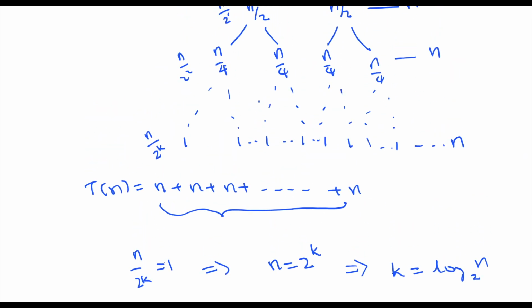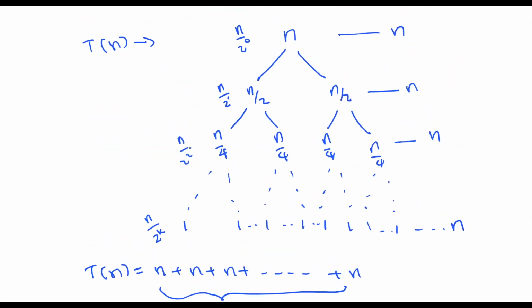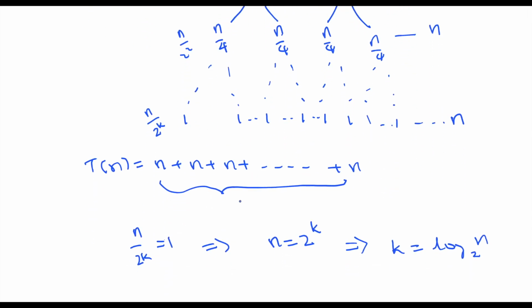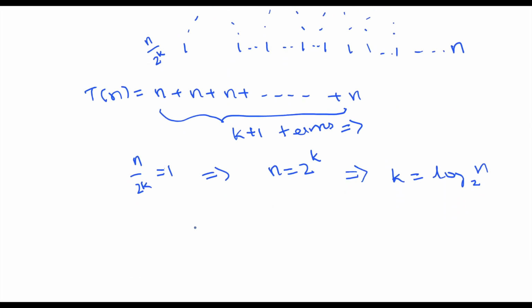So in total you can see that this is the first level, this is the second level, this is the kth level, and this is the 0th level. So in total we will have k plus 1 levels. So here we will have k plus 1 terms, and the value of k is log n, so the total number of terms will be log n plus 1.